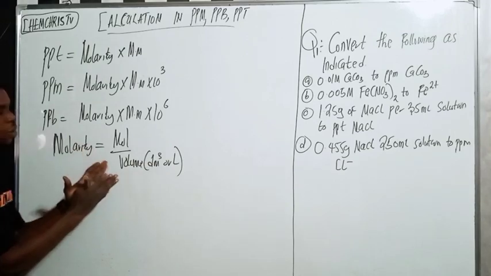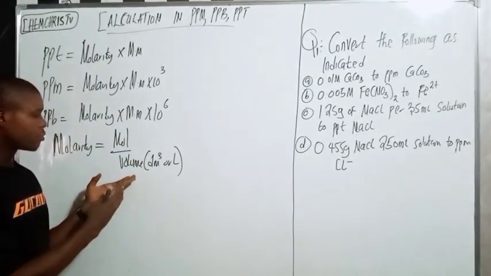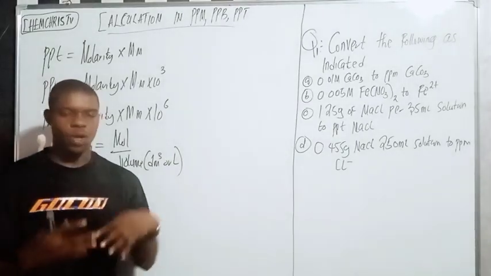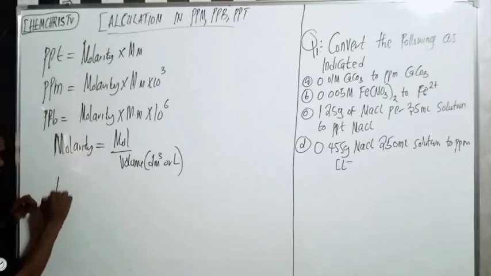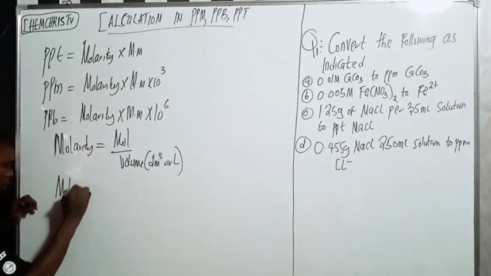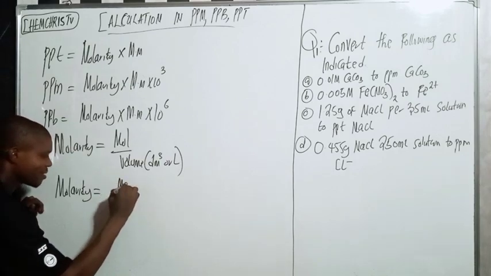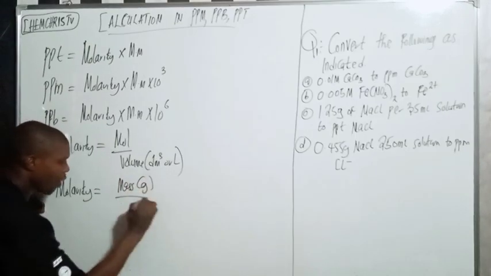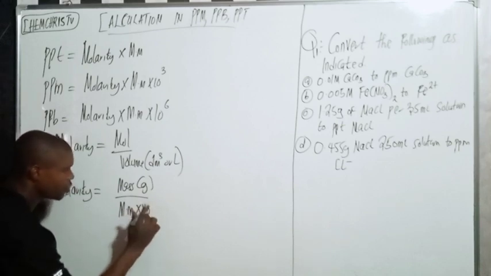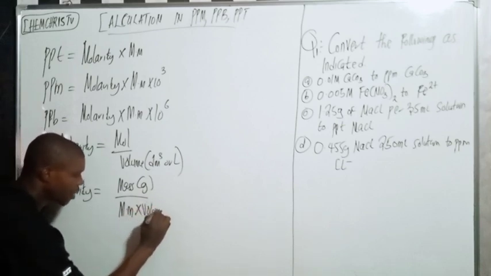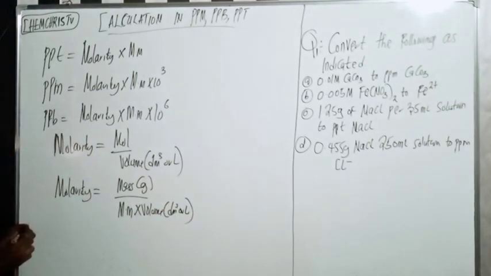Now this is one of the common formulas when it comes to calculating molarity of a solution. The next formula: molarity equals mass, in gram, over the molar mass times the volume. Do you understand that? And the volume must be in dm cube or liter.